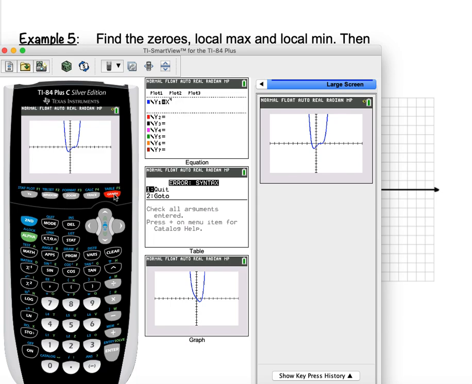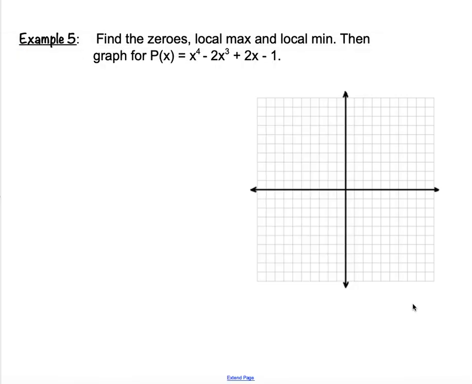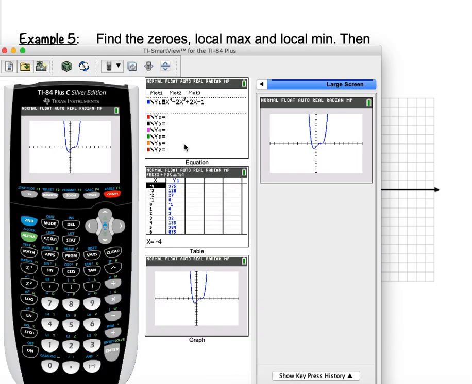Ooh, cool. So that was a little bit different there. I hope you saw that. When it graphed it out there at -1, it went straight through that. So we know that at -1 it has a multiplicity of 1. And then our other one there, hopefully you can see that.